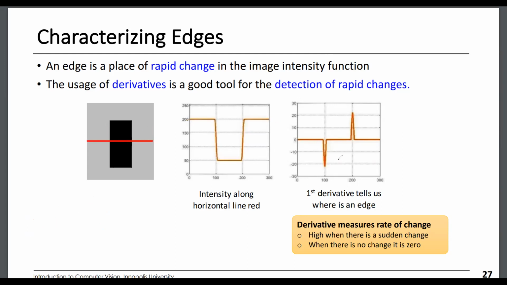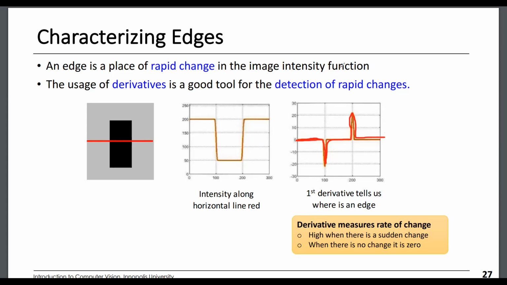You can do that. An easier way would be to use these derivatives, as we said. It tends to give you very small values for something that is the same object or the same environment, then a sudden change, and it goes back to being the same again. Sudden change, and it goes back to being the same again.